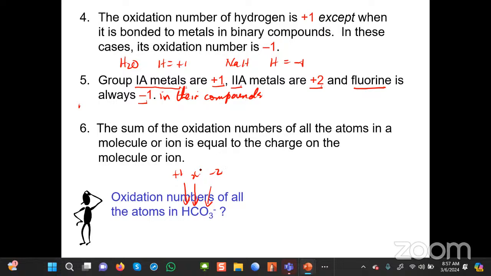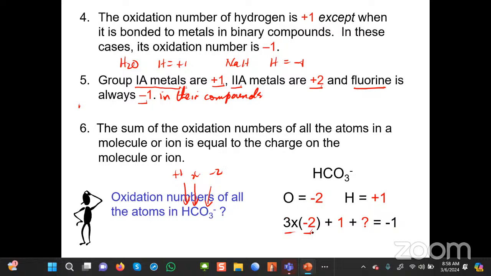Based on rule number 6, if you sum all the oxidation numbers of all the elements in the formula, that will be equal to the total charge carried by the formula. As we said before, oxygen is -2, hydrogen is +1. So you set up your mathematical relationship: 3 times -2, because you have 3 oxygens, plus 1 for the hydrogen, plus the unknown for the carbon.